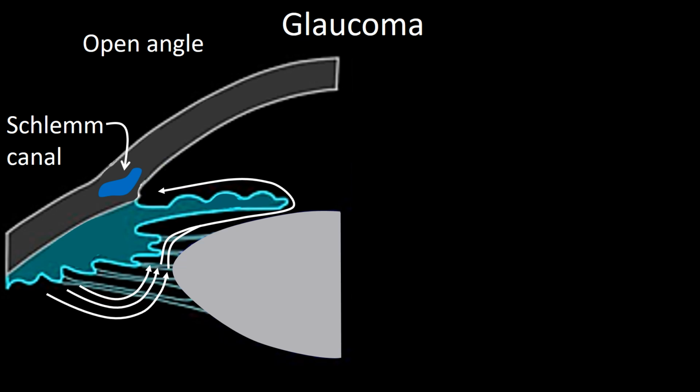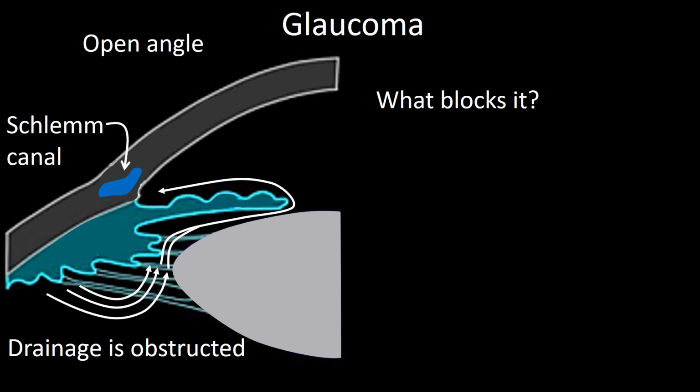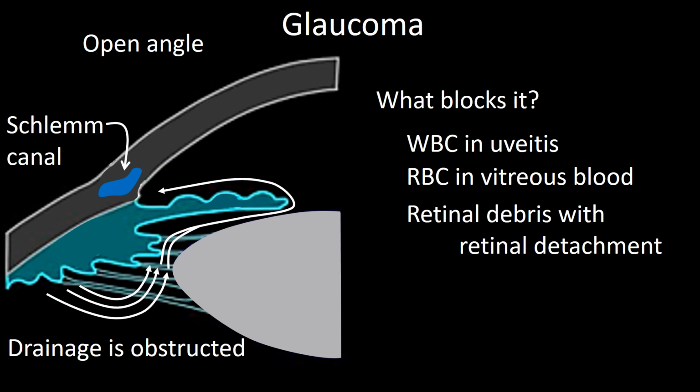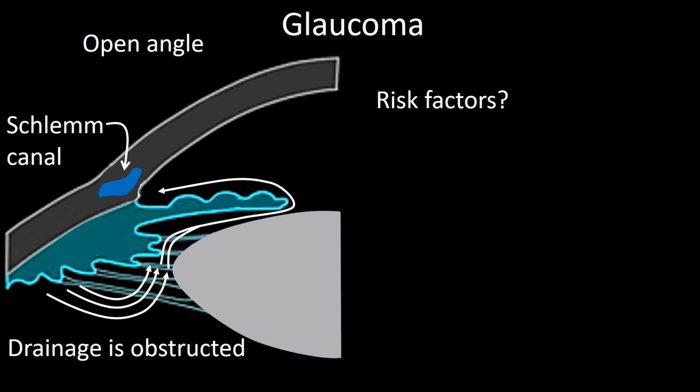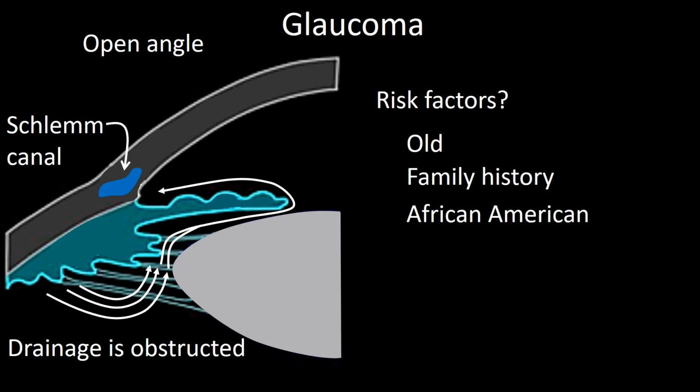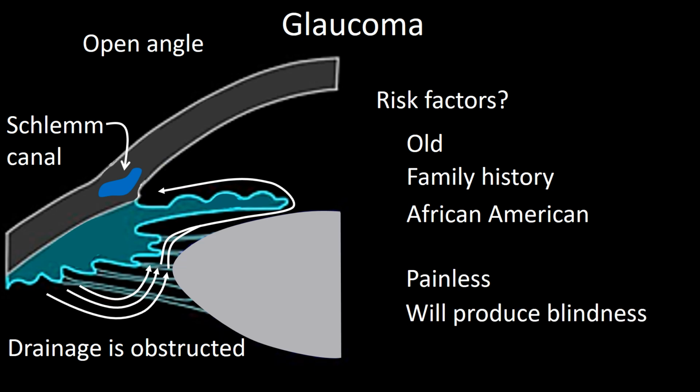In open angle glaucoma, the angle between the cornea and the iris is wide. The drainage system is clogged. The intracanalicular block can be due to white blood cells, red blood cells, or retinal debris. Sometimes they are blocked, but we don't know why they are blocked. Risk factors for open angle glaucoma are old age, family history, and being African American. Clinical course is characterized by no pain and a slowly progressive blindness.